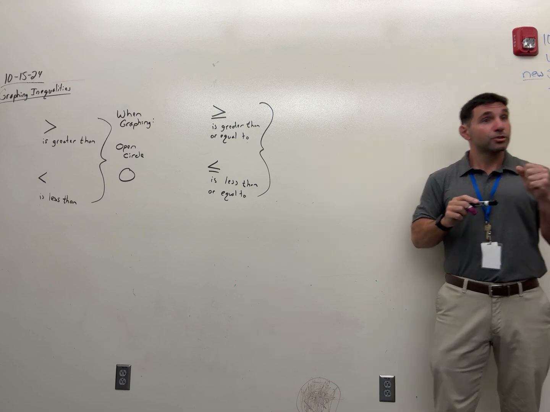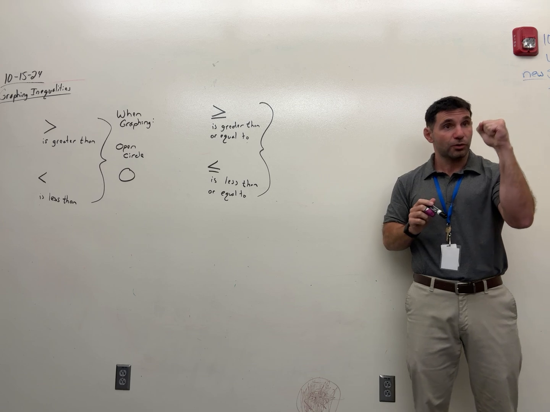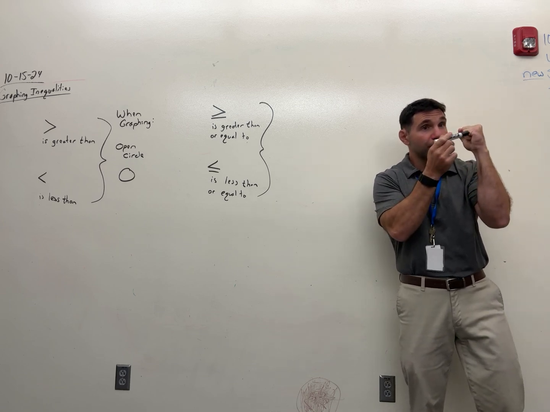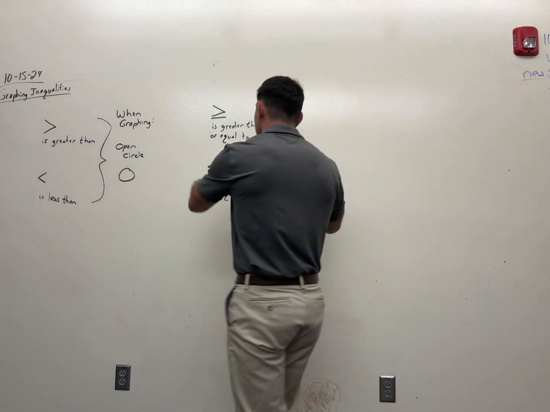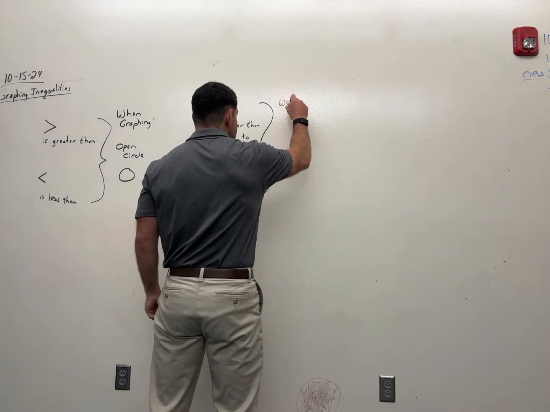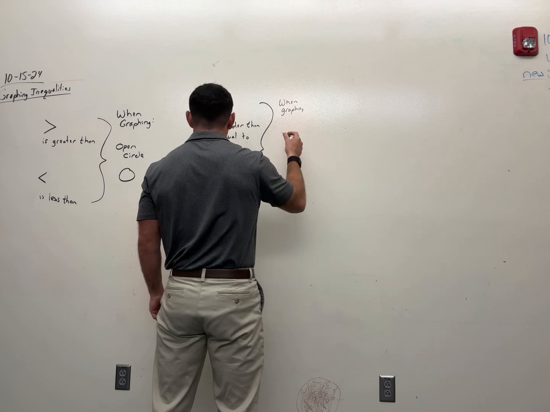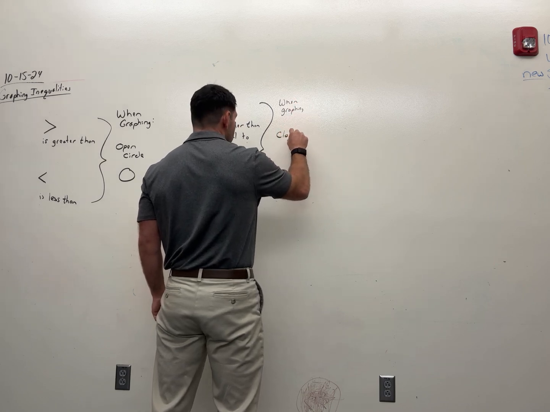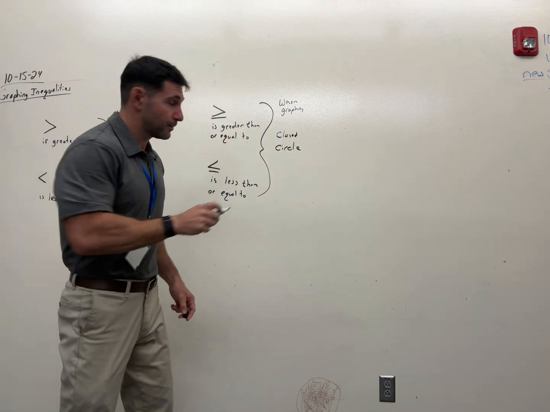Yeah. So when we graph it, we're including that. We fill in the circle saying, hey, notice this is filled in. This is part of what we want. So when we graph these, we want a closed circle. Okay?